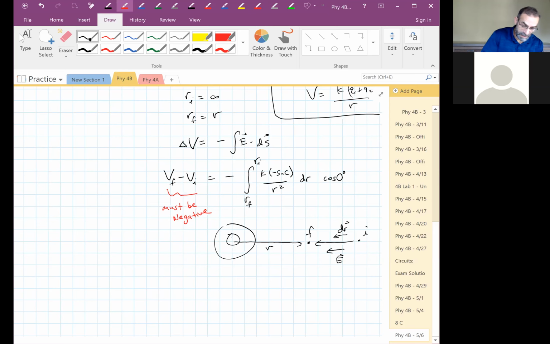Let me just work on the right side of the equation first. I've got a minus sign. I've got a K. Oh, I see what I did here. This should be the absolute value, because I've taken into account the direction of E in my cosine theta. I'm pretty sure that should be an absolute value.